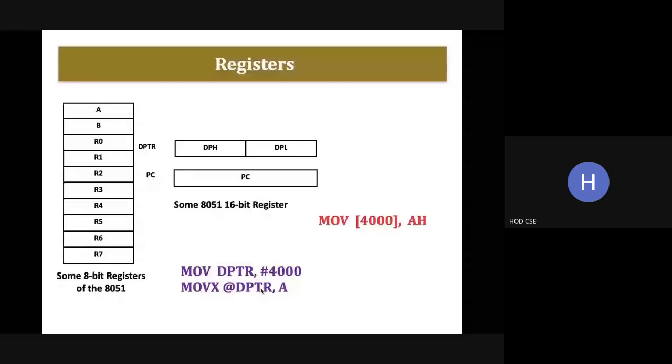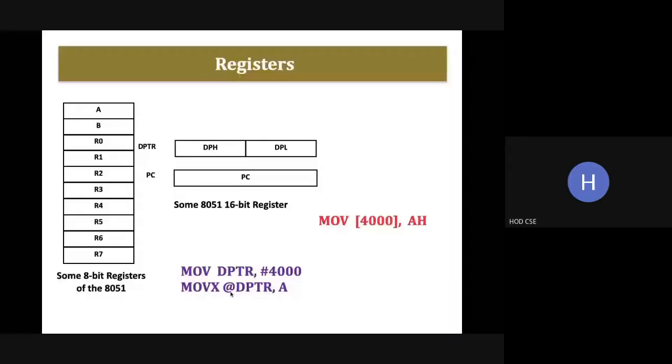In the 8086 processor we have the square bracket, which refers to that memory location, and in the microcontroller the @ symbol means the same. The content of the accumulator is transferred. X refers to external memory: MOVX means external memory. So the difference is square bracket in 8086 and @ symbol here.